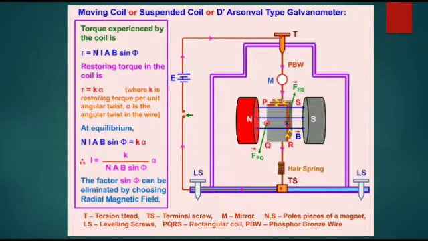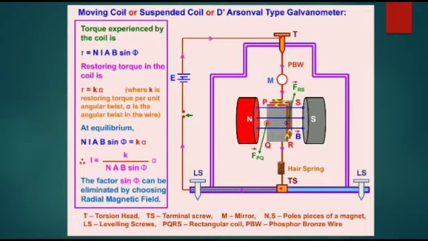See this? Again I'm telling. This is the south pole and this is the north pole of the two horseshoe magnets. This is the torsion head, and this is the cylindrical core.